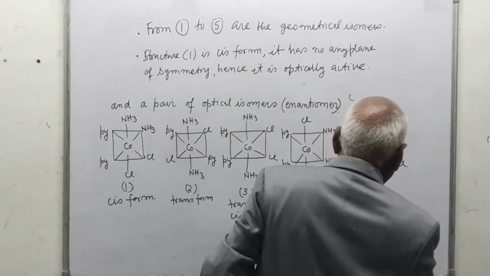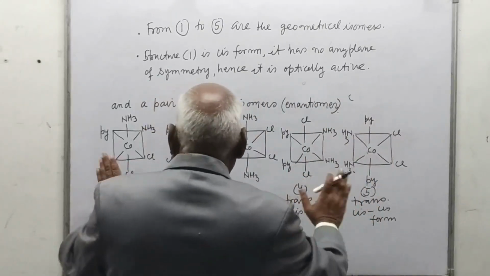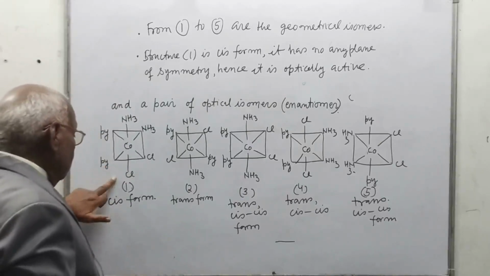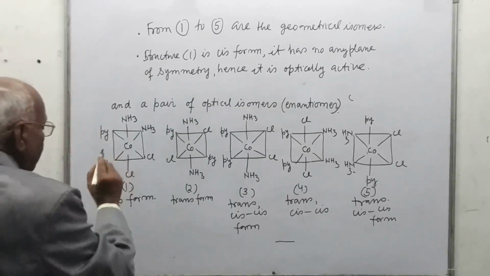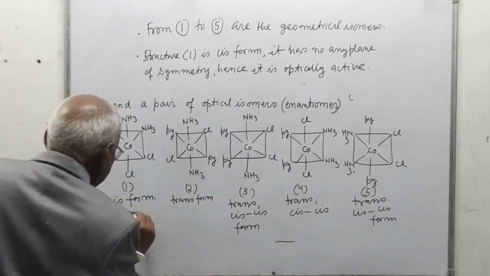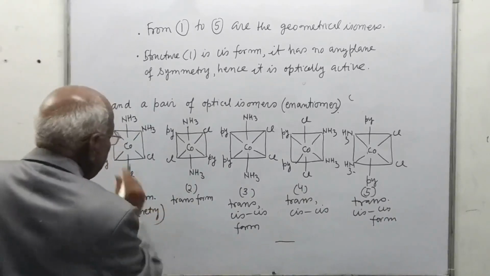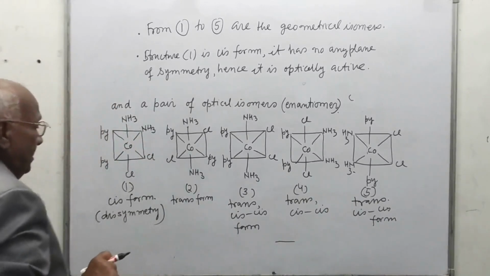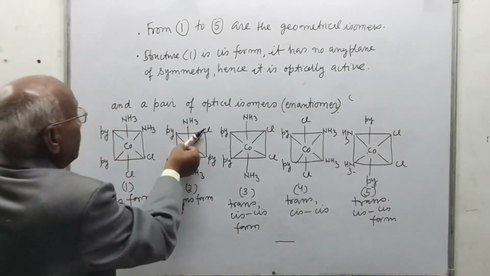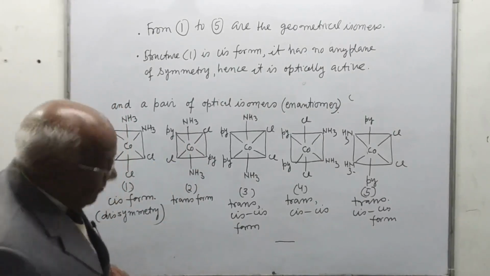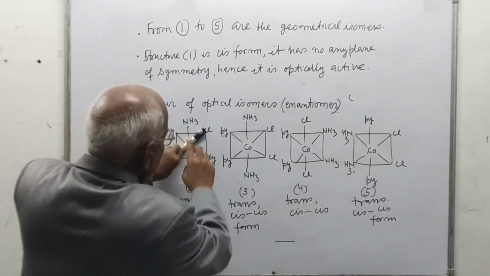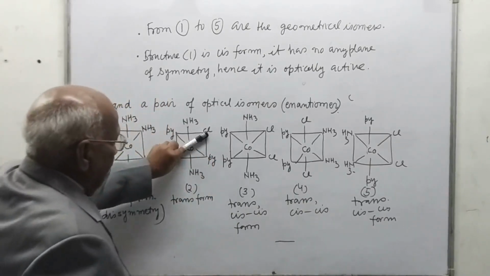So all of these from 1 to 5 are geometrical isomers, but form 1 also shows optical activity because this form is dissymmetric. If you cut it in any plane, it has no plane of symmetry. But in the other case, if you cut this molecule in this direction, along this and this, it has a plane of symmetry, so it is not optically active.